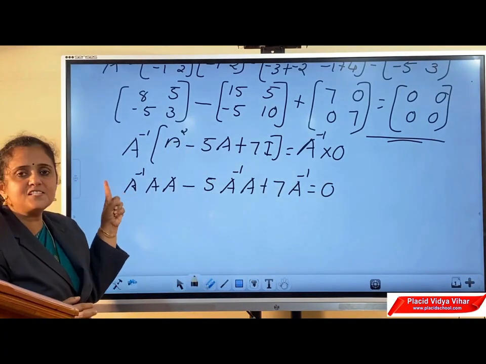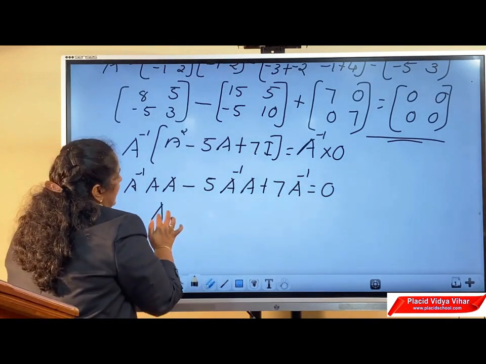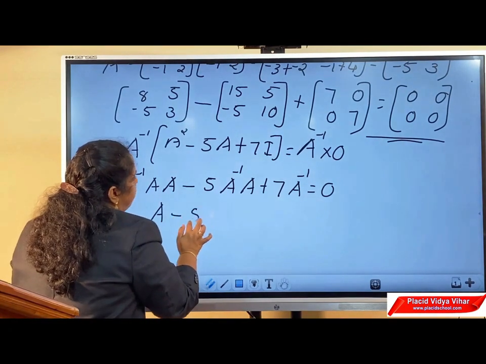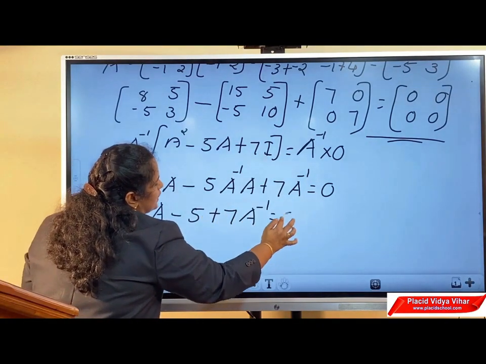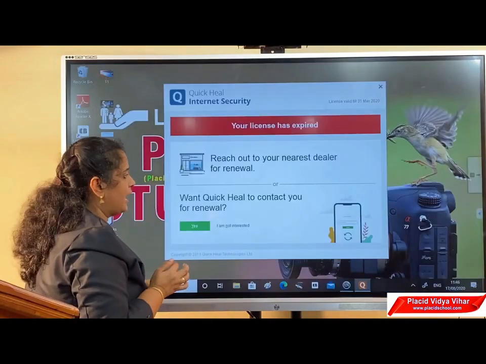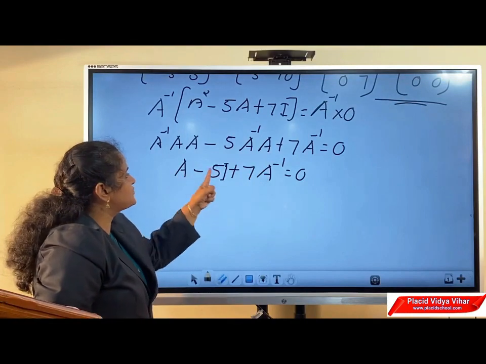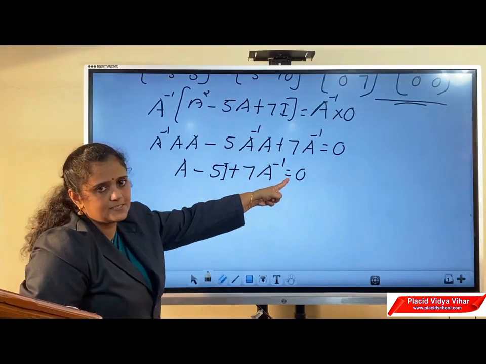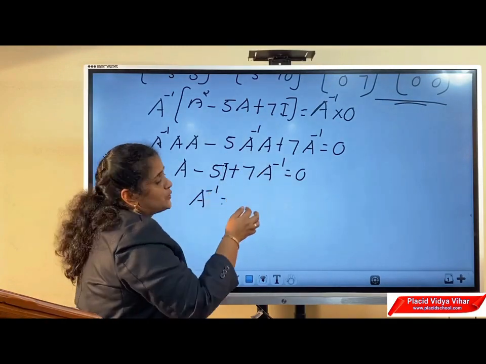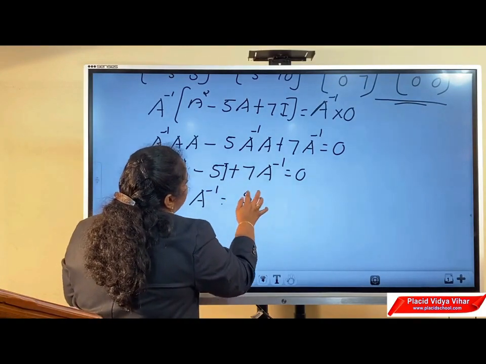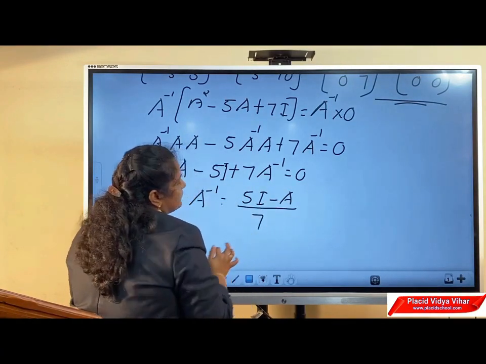We know that A inverse into A is equal to the identity matrix I. That is A minus 5I plus 7A inverse is equal to 0. Therefore, A inverse is equal to, transposing the other terms to the other side, 5I minus A divided by 7.